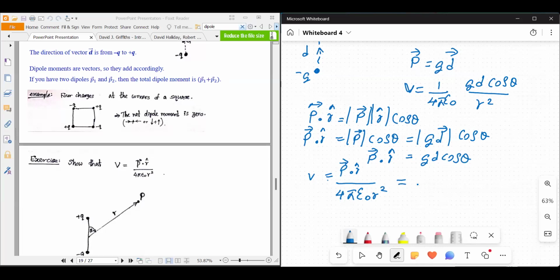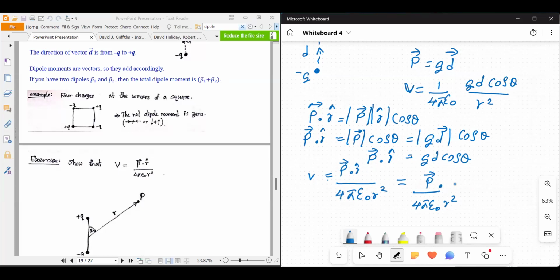Also, we can write this one. Now we have the p. Let's first write this one. 4 pi epsilon naught r square p dot r unit vector.